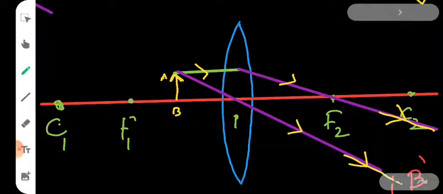Let me assure you of something: two rays diverging away will never converge. They will never intersect. So there is no point where these two rays will meet in real life. Oh, so that is an issue.